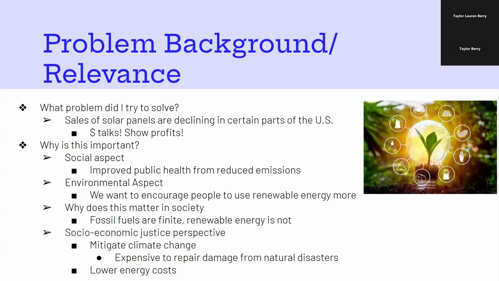But at the end of the day, the sun is always going to shine, the wind is always going to blow. So we definitely want to aim to use renewable energy. By using renewable energy, we can mitigate climate change and its effects, especially because it is expensive to repair damaged homes, schools, buildings in general, roads, everything else from frequent natural disasters, and definitely if they're more frequent.